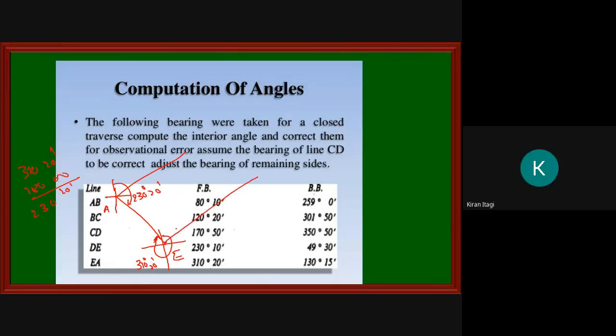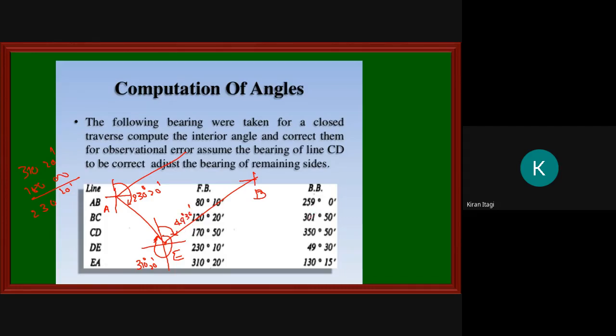Here the back bearing for line DE is 49 degrees 30 minutes.